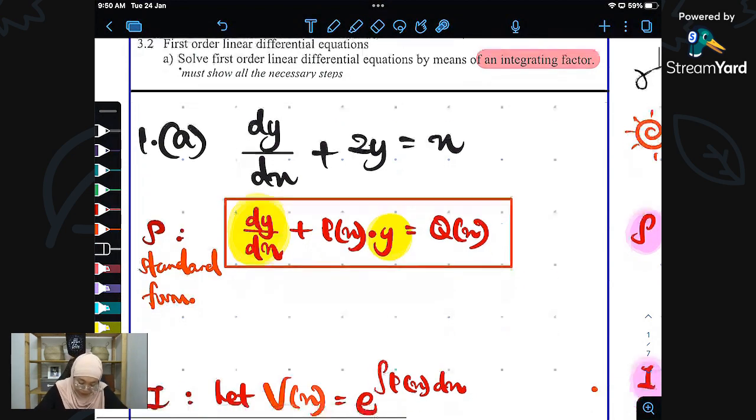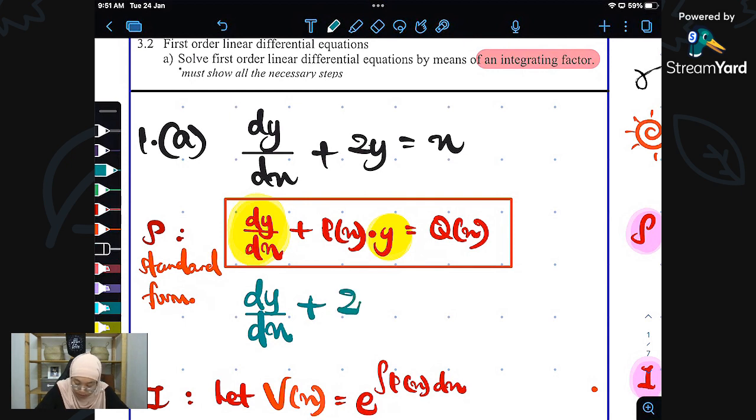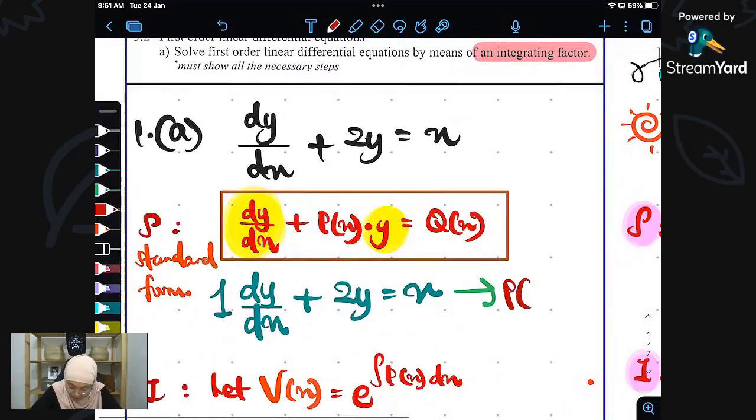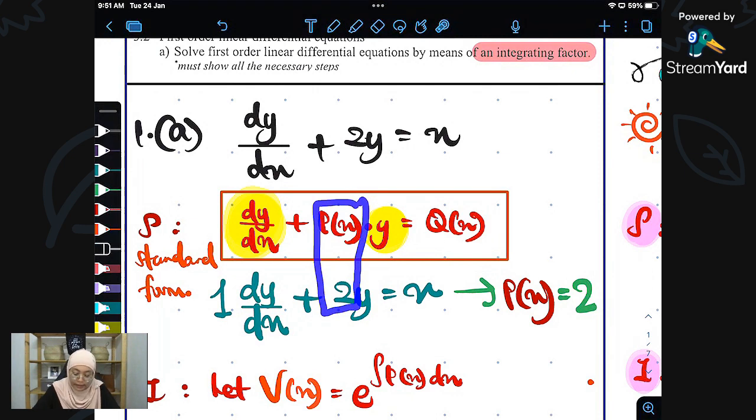So let's see whether our question fulfils the characteristics of standard form. Yes, because we have coefficient 1 for dy/dx and also the variable y. So from here, our p(x) is 2, though it means whatever function is here is your p function.